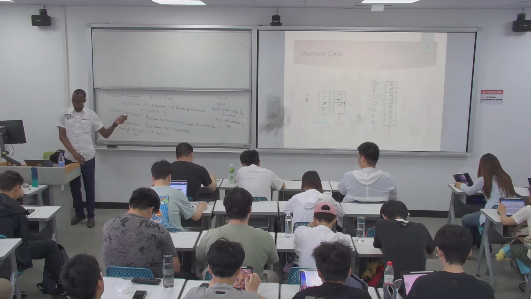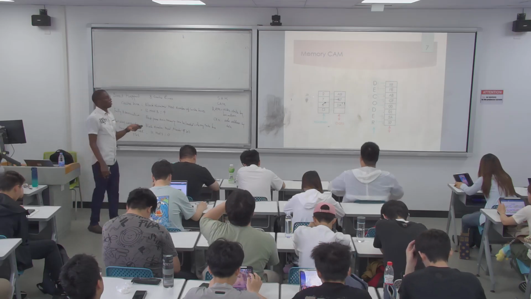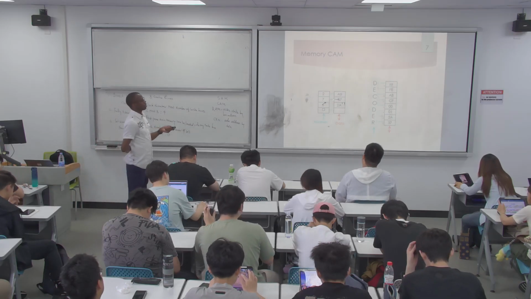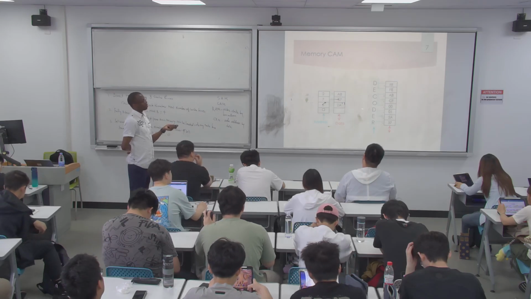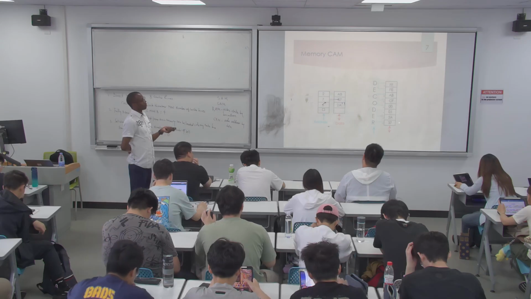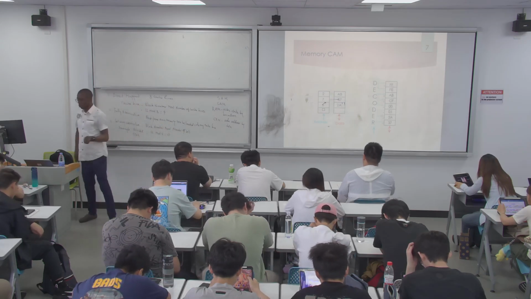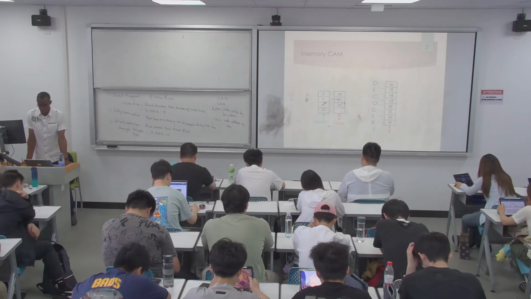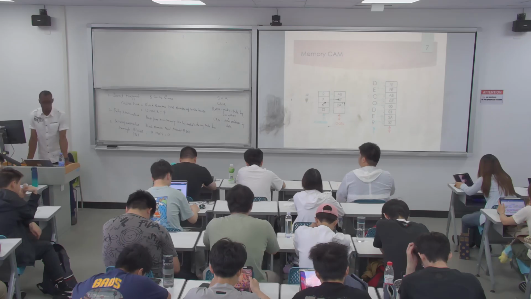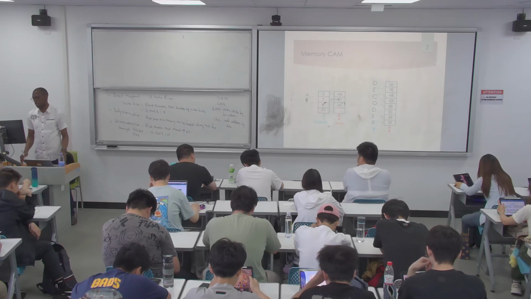Now, we have a memory CAM. Here we have addresses which are linked with data. The side of the diagram shows the attempt to find the address of a specific data variable.